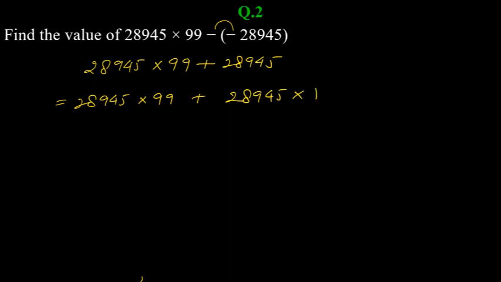Then associative property, distributive basically, not associative. Okay, 28945 into 99 plus 1, that is 28945 into 100.